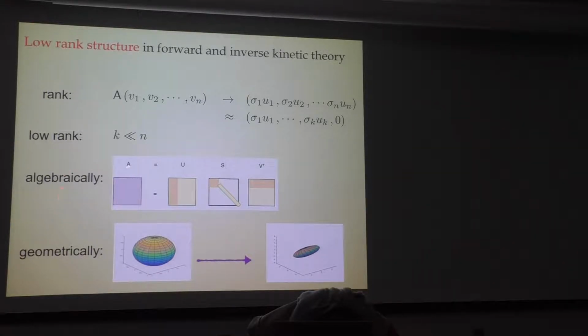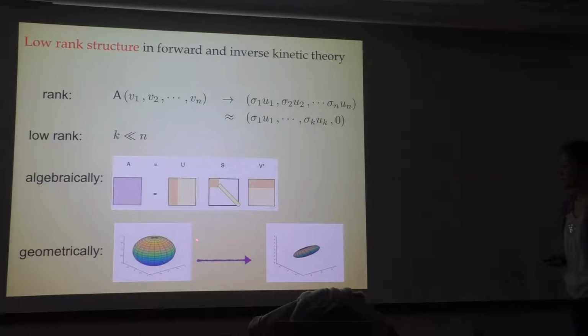In the algebraic sense, I write my matrix as a singular value decomposition, a product of a unitary matrix, a diagonal matrix, and another unitary matrix. If only a small number of diagonals is big and most of the diagonal terms are negligible, we say the system is of low rank.